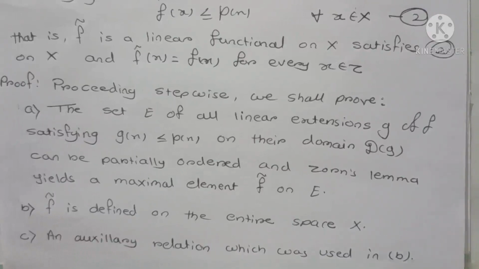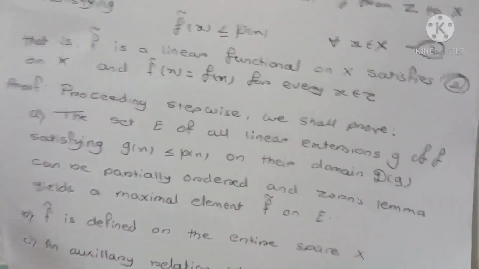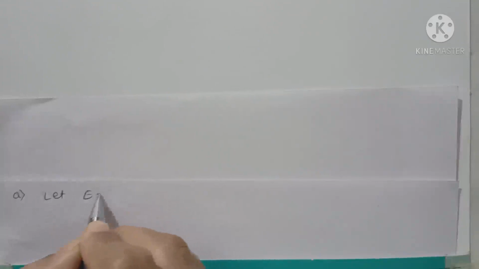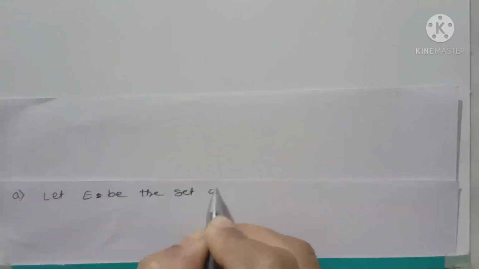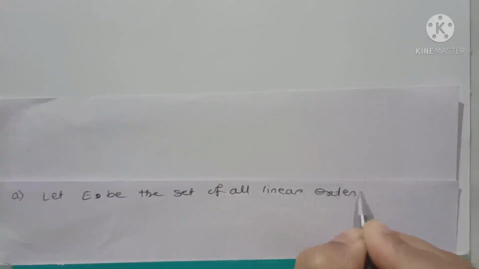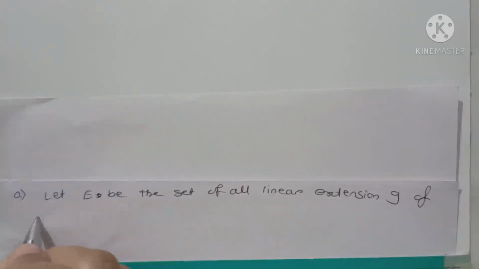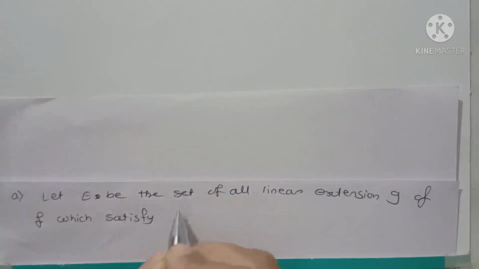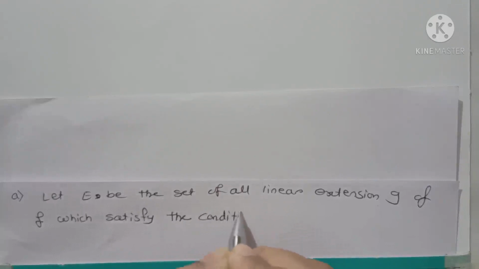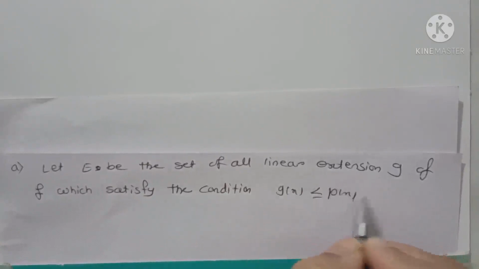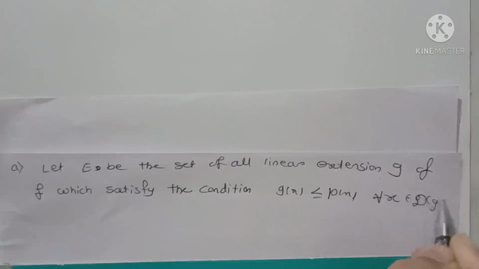So we start with the proof of the first part, A. Here let capital E be the set of all linear extensions g of f which satisfy the condition g of x less than or equal to p of x for all x belonging to the domain of g.